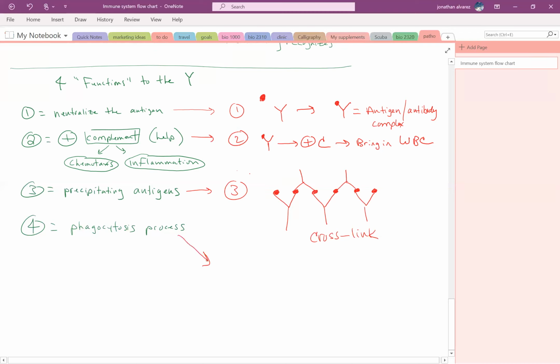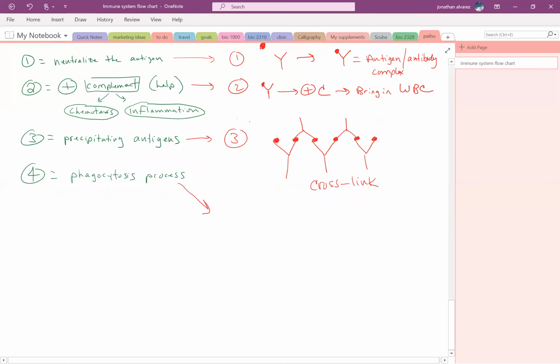And this one's my favorite. I love this one. The phagocytosis process. We're looking at this, but I'm just going to draw one of them instead of the whole chain.